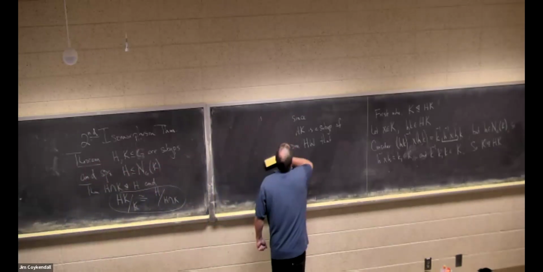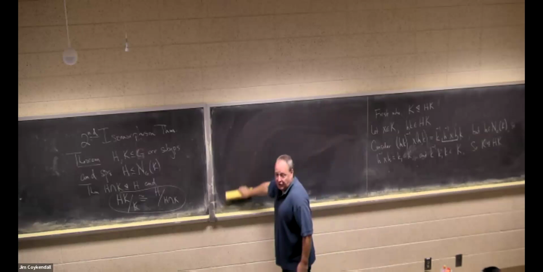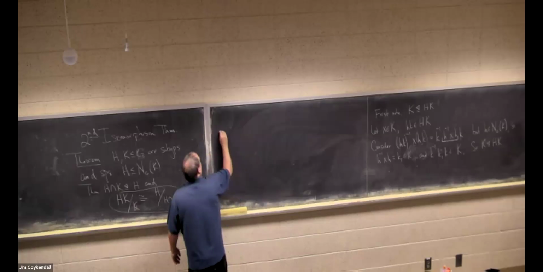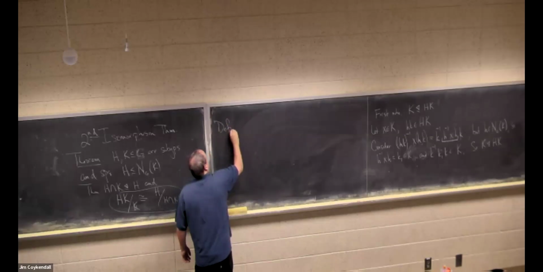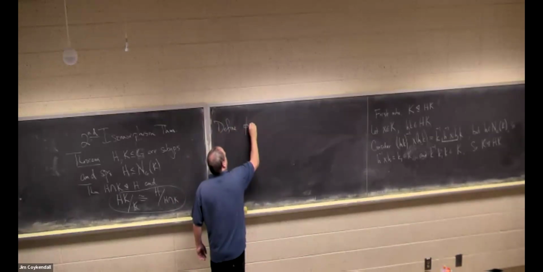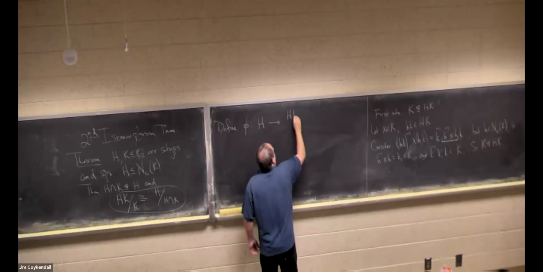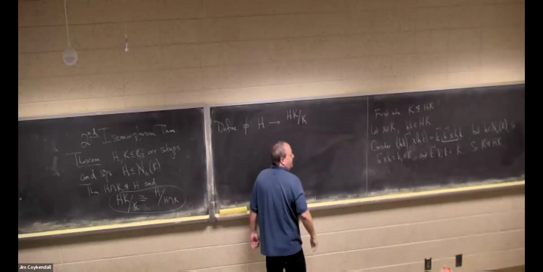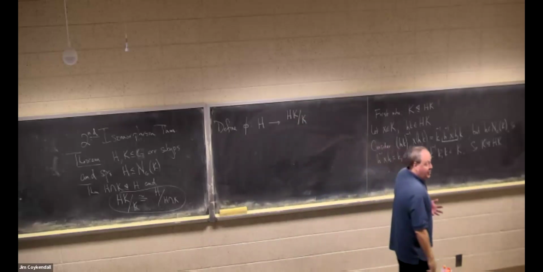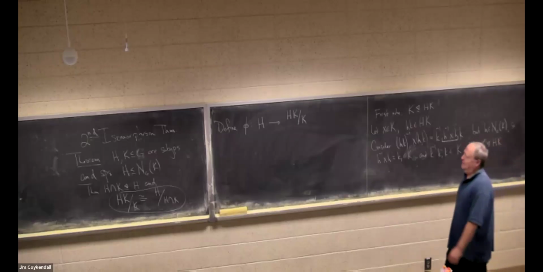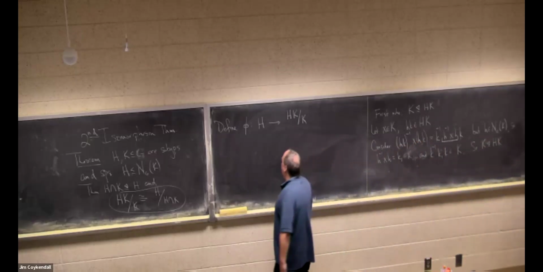I am going to define a function that I'm going to prove is a homomorphism. So we're going to define phi from H to HK mod K. And the good news is I'm not really going to have to worry about well-definedness.